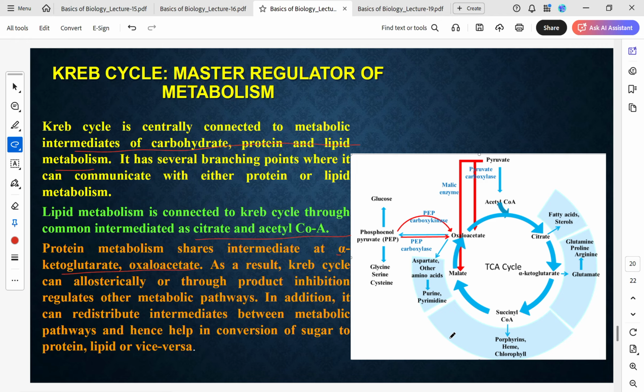So inhibition of the Krebs cycle also regulates other metabolic pathways, and if there is a requirement of redistribution wherein a particular pathway needs to be enhanced, whereas other pathways need to be diminished, then this can happen inside Krebs cycle as well.